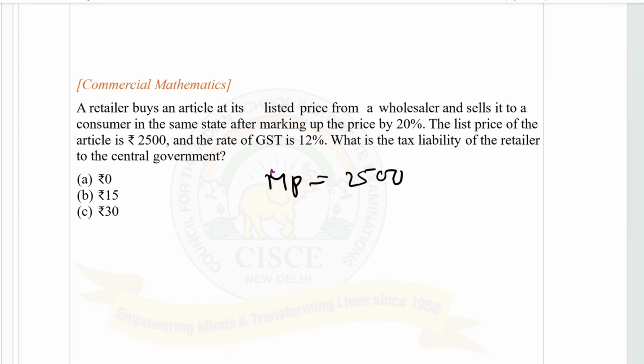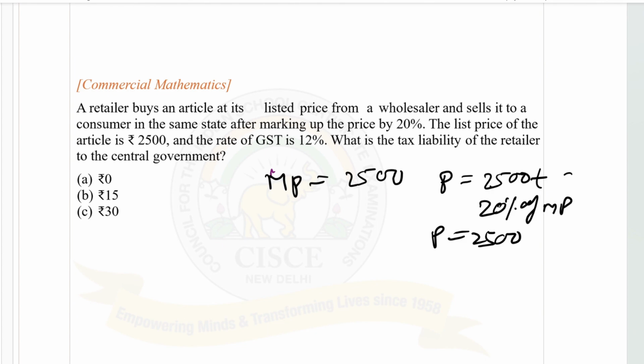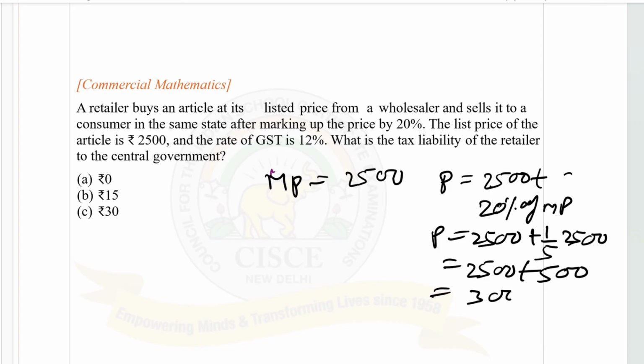That means the price for the customer equals 2500 plus 20% of MP. 20% means 1 by 5 of 2500, that is 500. So 2500 plus 500, this is your 3000. 3000 is the price for the customer.